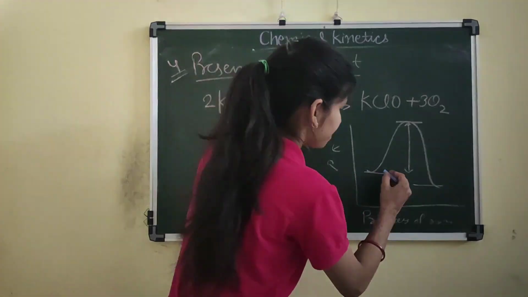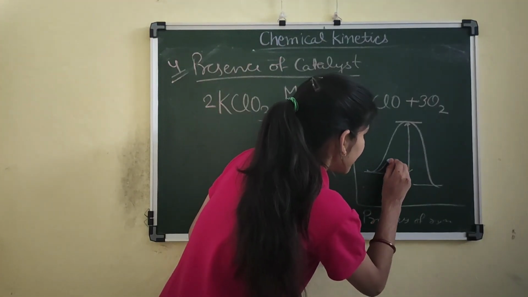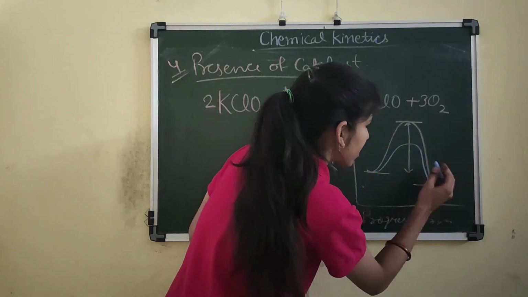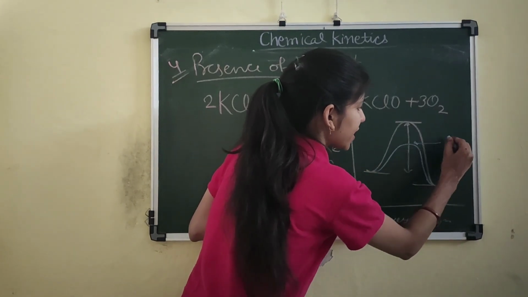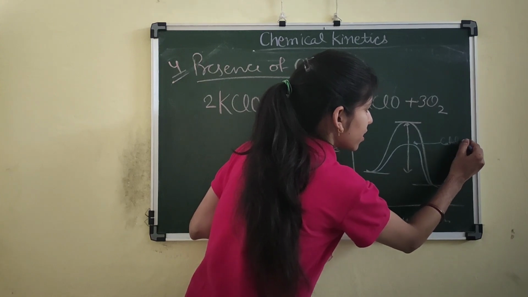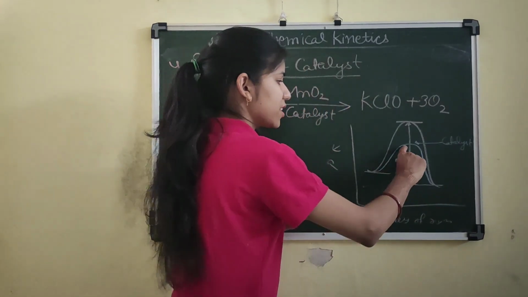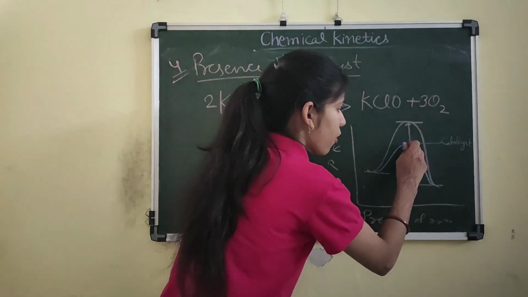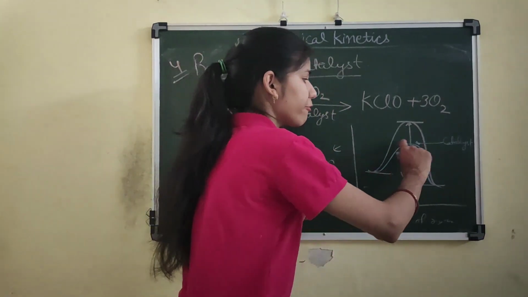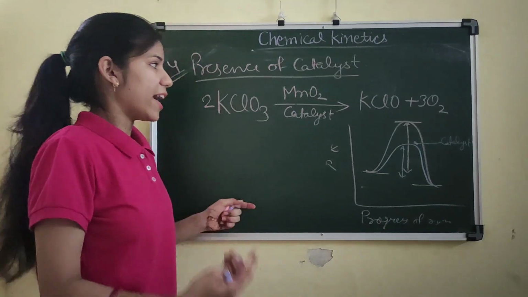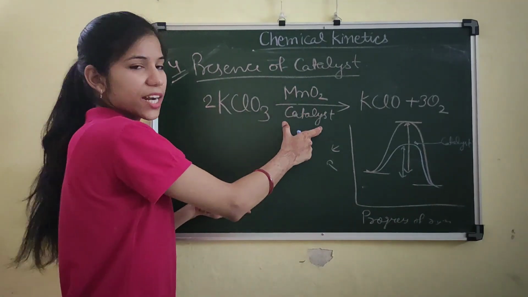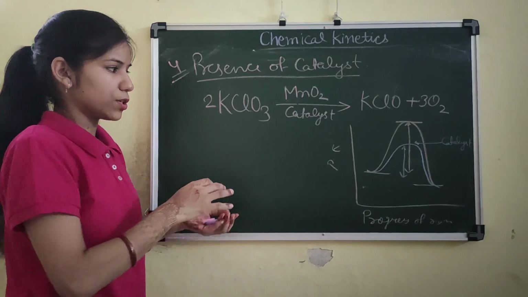The catalyst provides a new path, and now the activation energy is very low, so they form the product fast, and at the end of the reaction the catalyst is moved out.